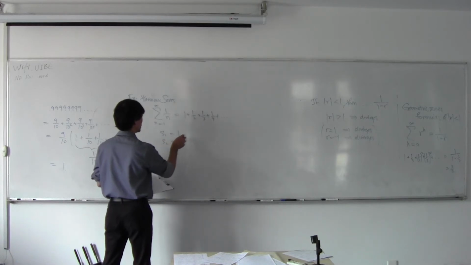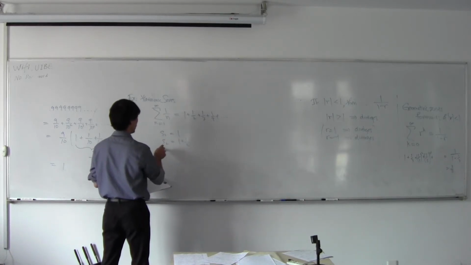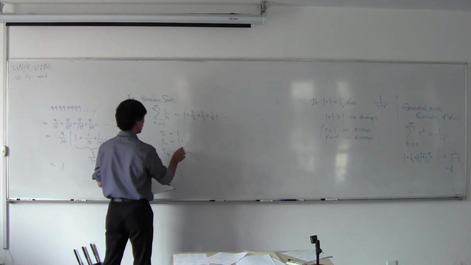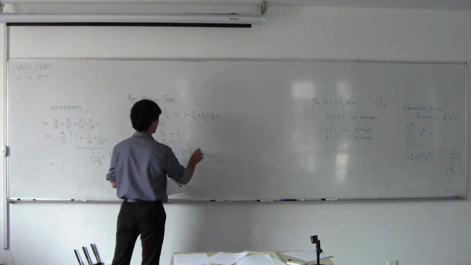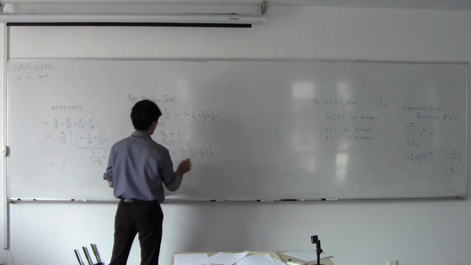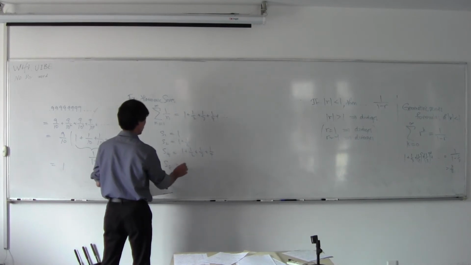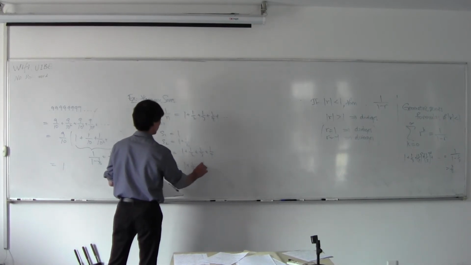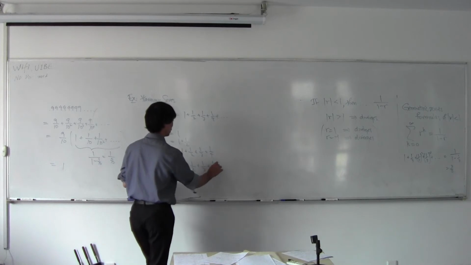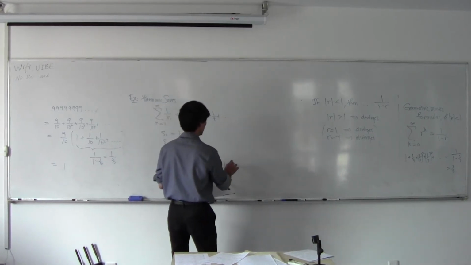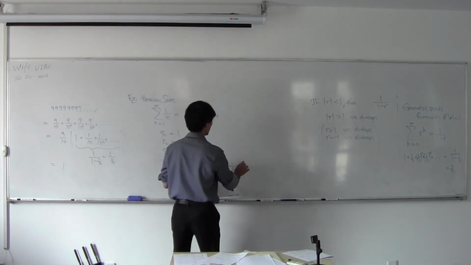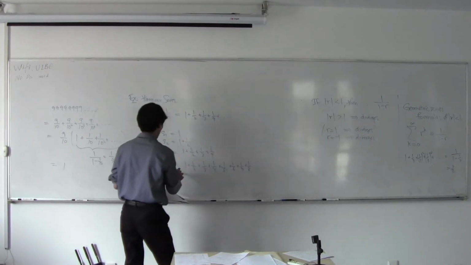S2 is 1 plus a half, right? S4 is 1 plus a half plus a third plus a fourth. S8 is 1 plus a half plus a third plus a fourth plus a fifth plus a sixth plus a seventh plus an eighth, right? And so on and so forth.